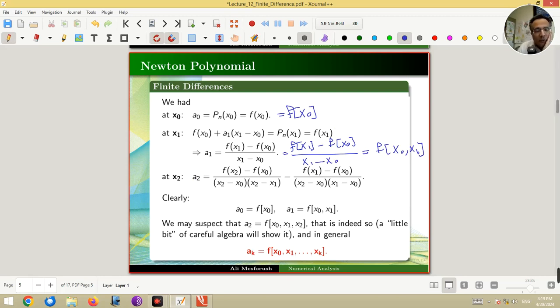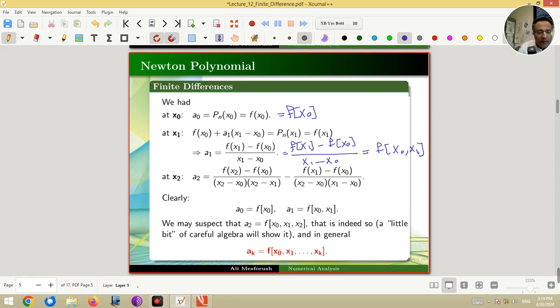Okay, and for a2 we had this one. So let me compute a2. In fact, we claim that a_k should be f of x0, x1 to xk.